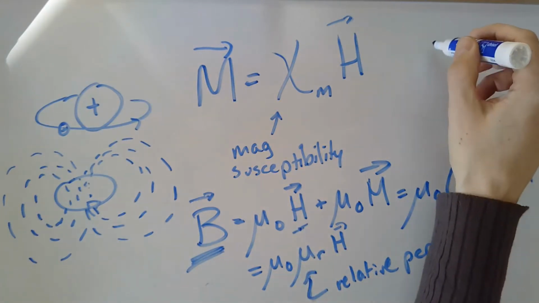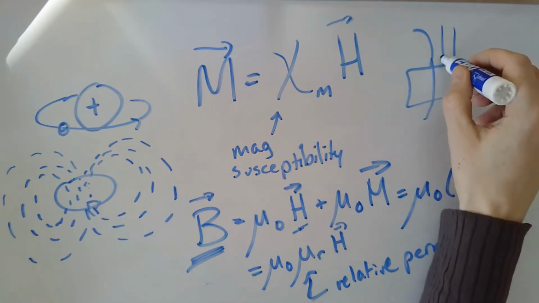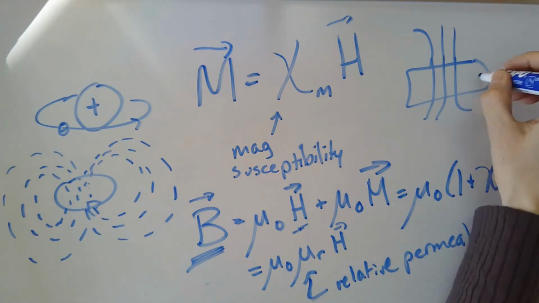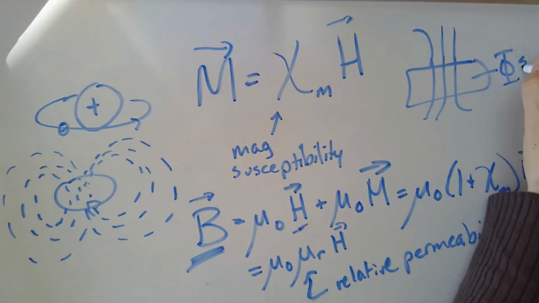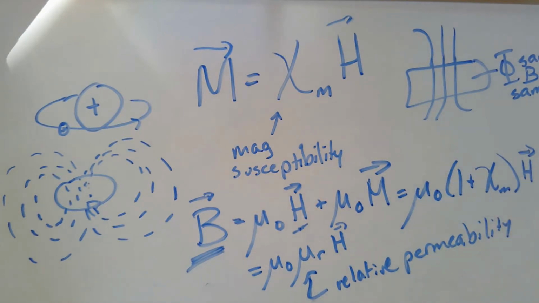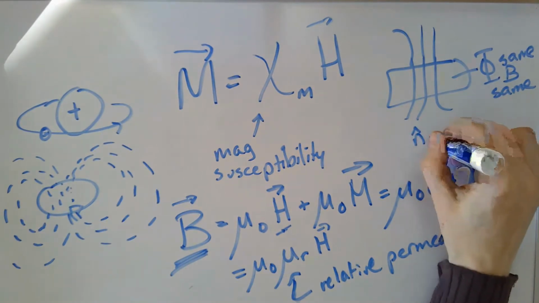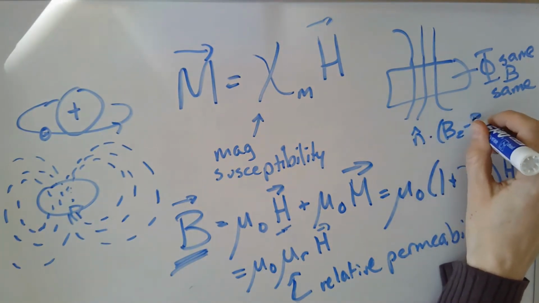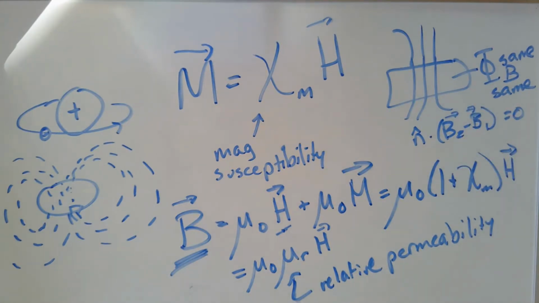So if you have a certain amount of magnetic flux and its flux lines pass through a material with high mu, that means that B has to stay the same to keep the magnetic flux the same, because of that normal magnetic field boundary condition, remember? n dot (B2 minus B1) equals 0. And when this is the case, that means that increasing mu decreases H.